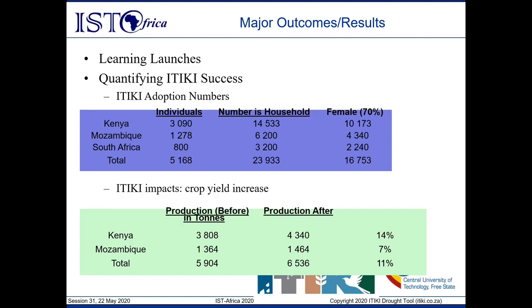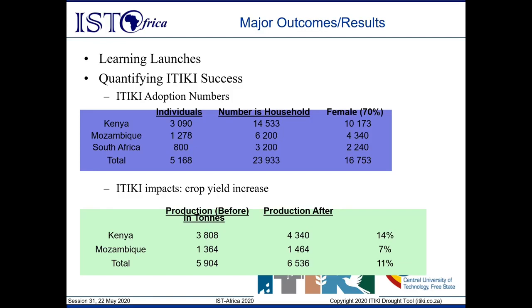For each farmer, we also collect statistics. One individual farmer who is a customer is associated with a number of family members or households. Those are the numbers we have there. For Kenya, 3,090 individual farmers translate to 14,000 people in a household.